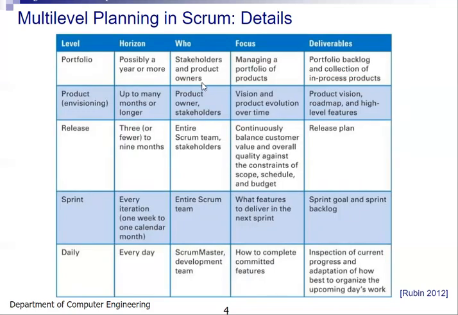Stakeholder and product owner. फोकस क्या रहता है? मैनेजिंग अ पोर्टफोलियो ऑफ प्रोडक्ट्स एंड डिलीवरेबल्स क्या होंगे? पोर्टफोलियो बैकलॉग्स एंड कलेक्शन ऑफ प्रोसेस प्रोडक्ट. ओके, बैकलॉग कितना है? मतलब still हमें कौन से प्रोजेक्ट के ऊपर, like what different projects are there in a queue, और कौन से प्रोजेक्ट के ऊपर हम as an industry we are just working on.